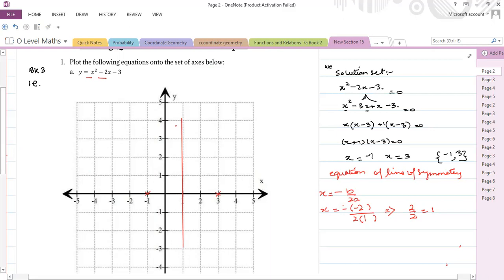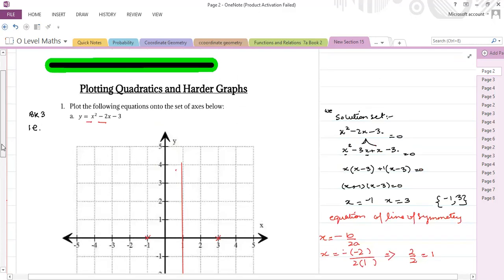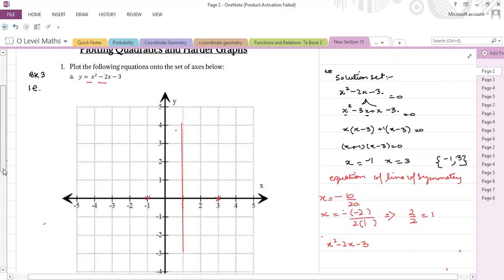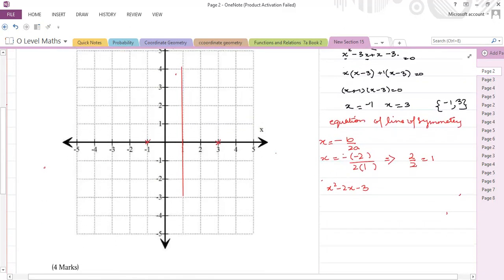Now the third point, if possible, we take the minimum point. We place the value of the line of symmetry in the equation x squared minus 2x minus 3, so we get the value of y.